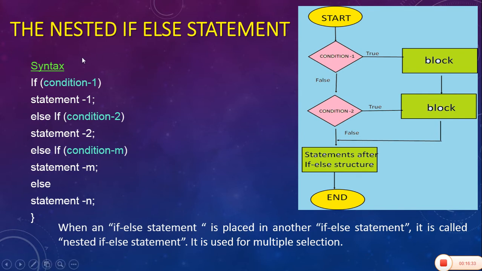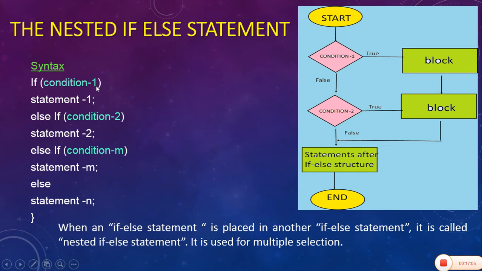Now here are several other cases also. If condition number 1 is true, statement number 1 will be executed, and it will again check if condition number 2 is also true, then statement number 2 will be executed, and if condition number m is also true, statement m will be executed.